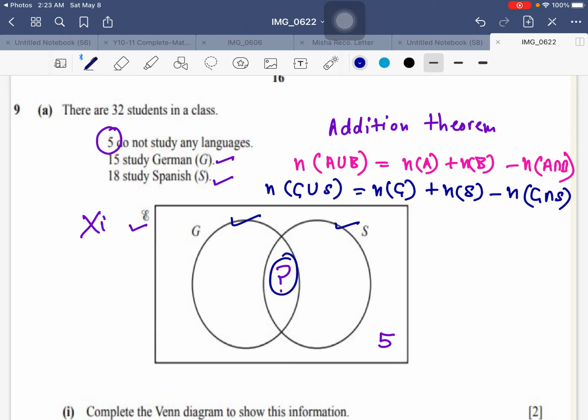So that's the target to find. When you solve a Venn diagram problem, you should focus on the intersection area. If you can find the intersection area, the other regions can be sorted out.